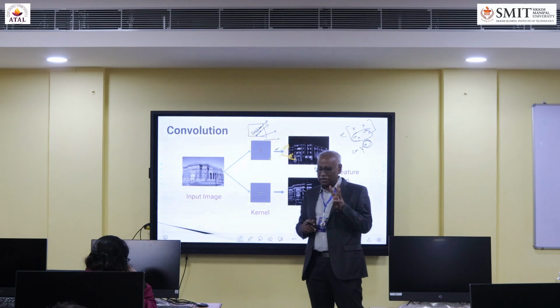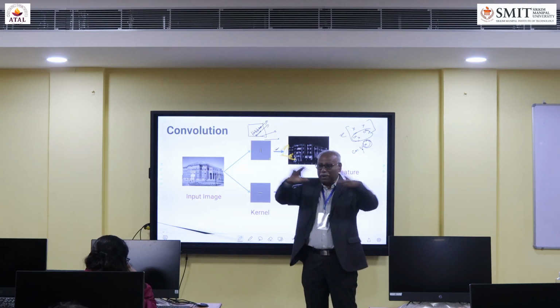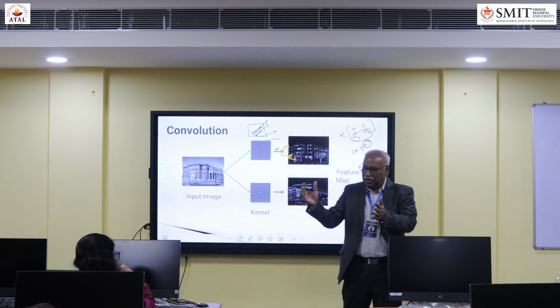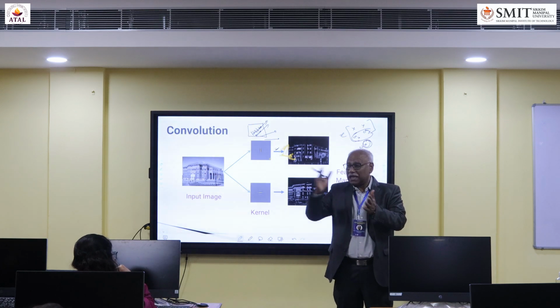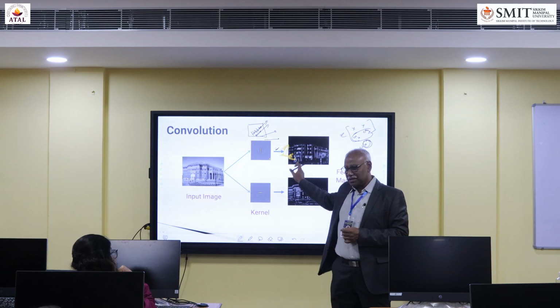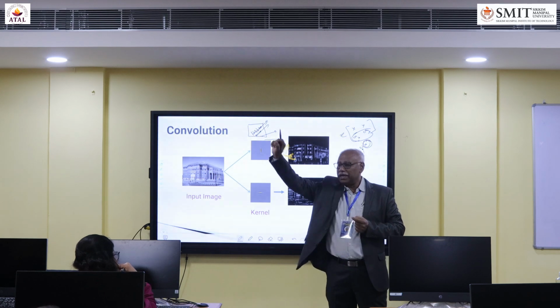So I have three parameters here. One is sigma, that gives you the scale or spread over which you are computing this. The frequency content in that particular region is determined by omega, and theta determines in which orientation you are.